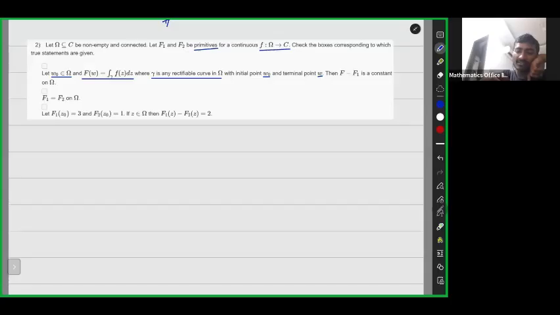In the class this week, if you have seen, this way of defining the function is well defined, and capital F prime of z is the same as f of z for every z belonging to omega. Clear? This was the first fundamental theorem, or maybe the second fundamental theorem.